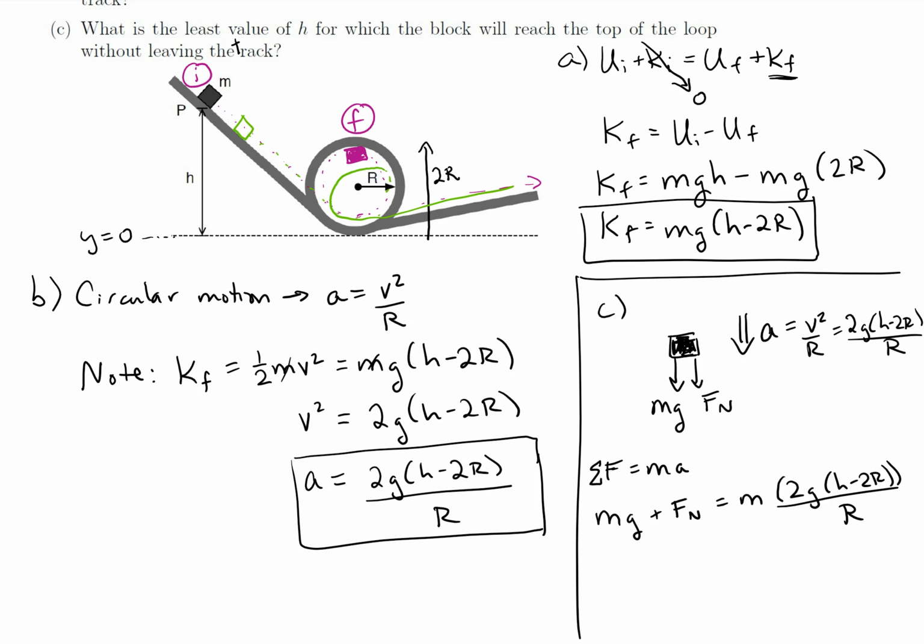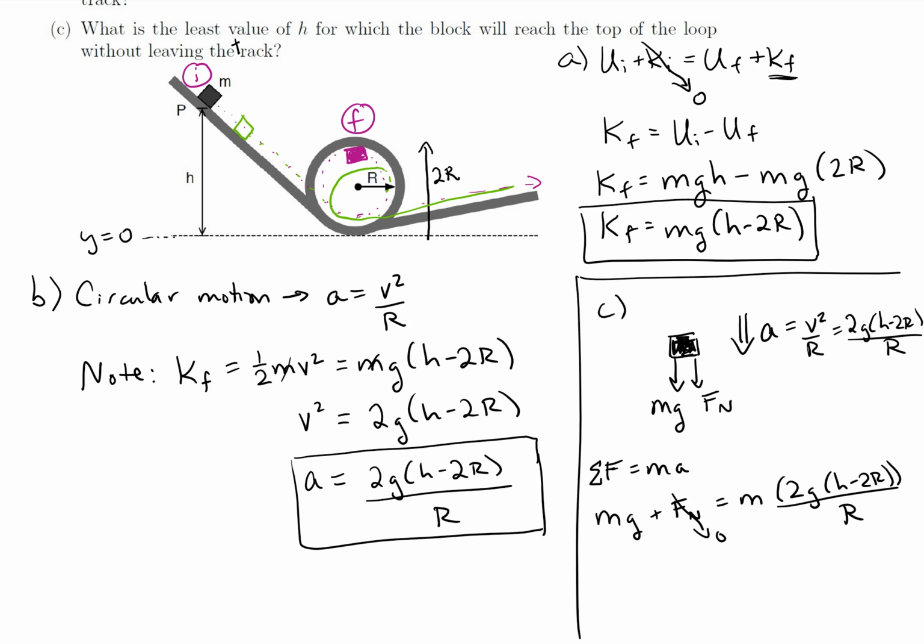And the point at which the block loses contact with the track is when the normal force reaches 0. That's the point at which we know we have the minimum speed. And so what we need to do is solve for h in that situation.